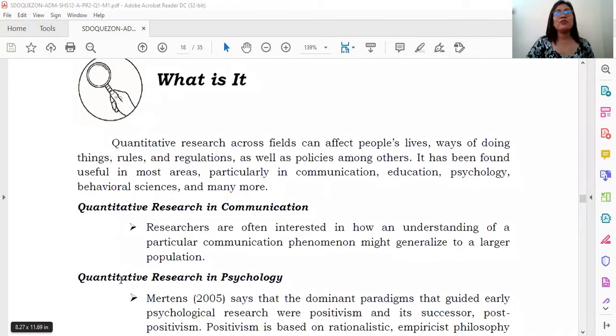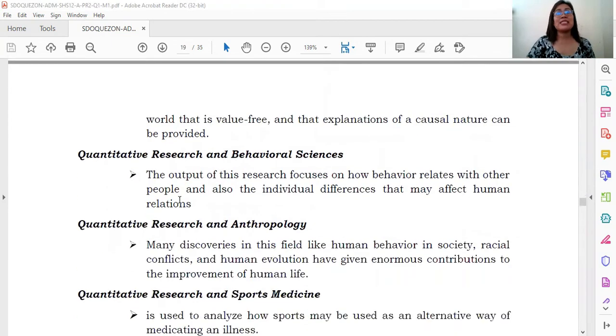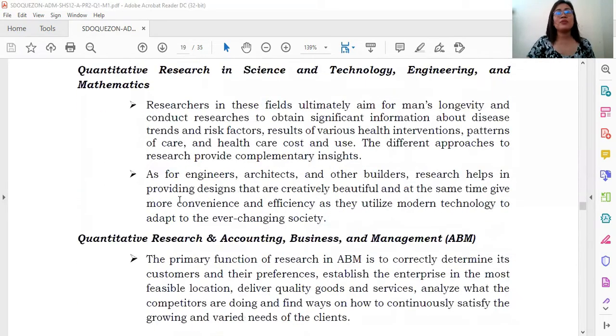Here, you will encounter the different uses of research in the different areas of interest: communication, education, psychology, behavioral sciences, and many other areas of discipline. So you'll just have to read those parts.